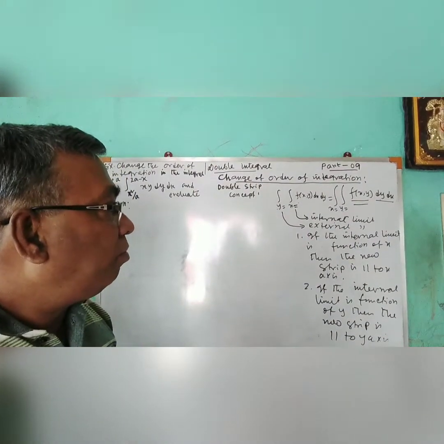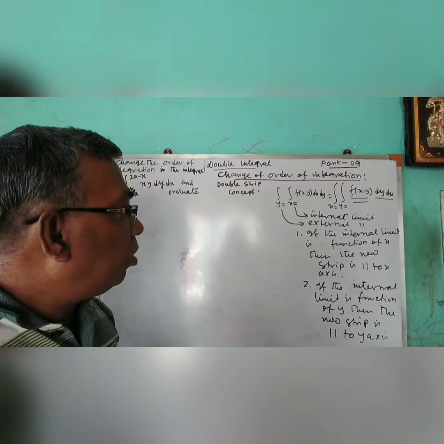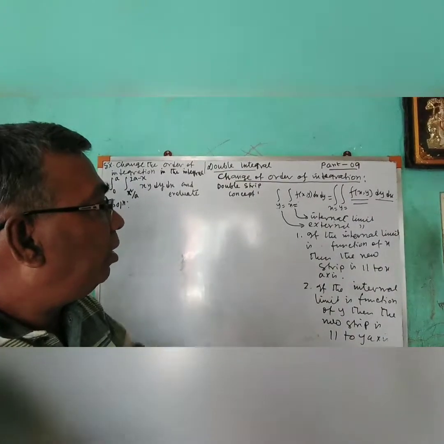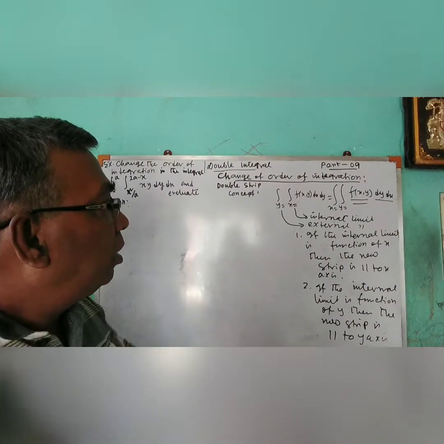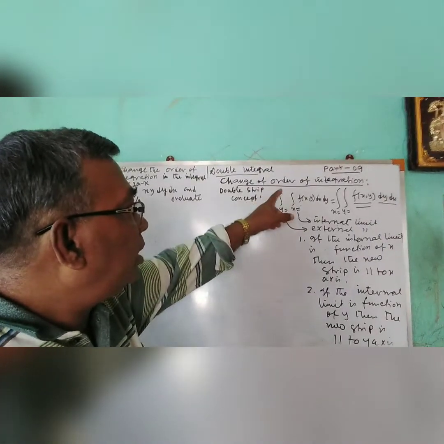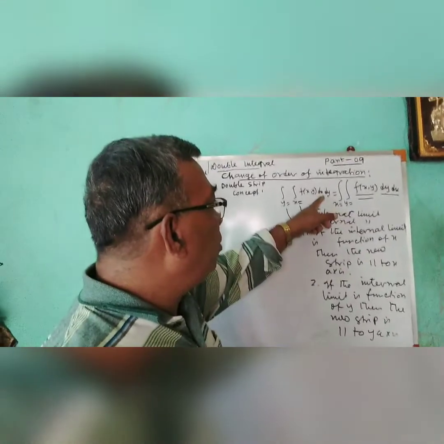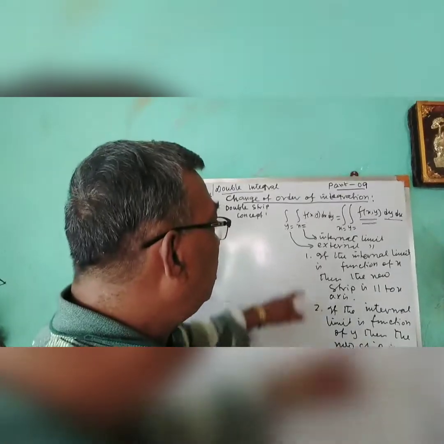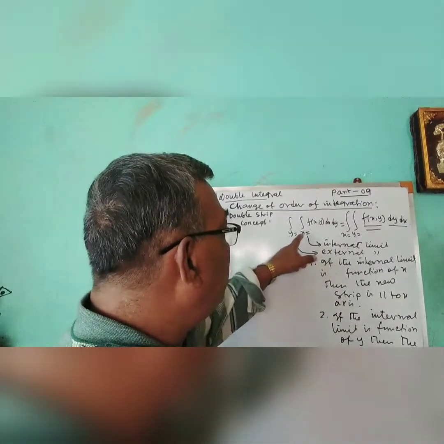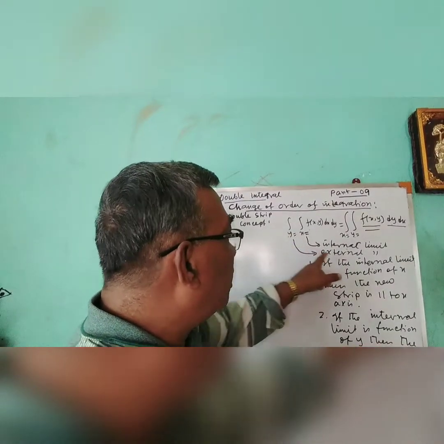Once again, for your convenience, I'm repeating. What is the change of order of integration? If it is f(x,y) dy dx in double integration, this is the internal limit and this is called the external limit.